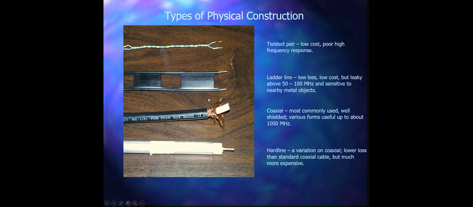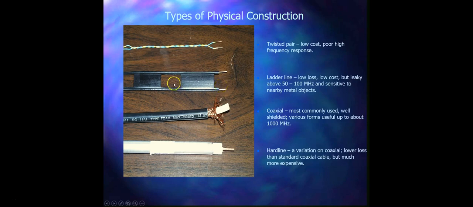You must have seen ladder lines in TV sets. At the back, these ladder line type wires were basically used. The characteristic impedance of the ladder line lies between 200 and 600 ohm, and it also depends upon how far apart these two conductors are.